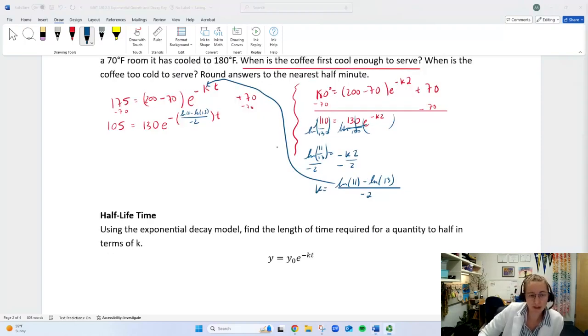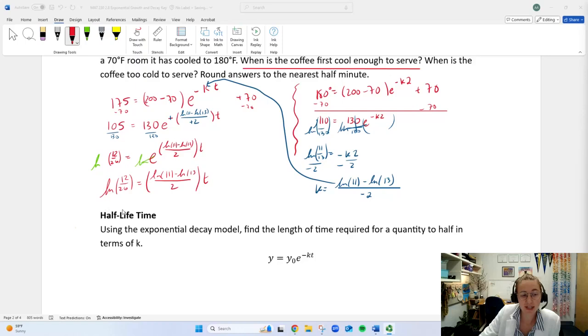Okay, I've plugged in that value for my k. And I do have a negative and a negative, so I'm going to cancel those out. And I'm solving for t, so I need to get this e to the whatever by itself. I'll divide by 130 and then take ln of both sides. So it looks like I just need to take ln of 12 over 26 and divide by ln of 11 over 13 over 2.